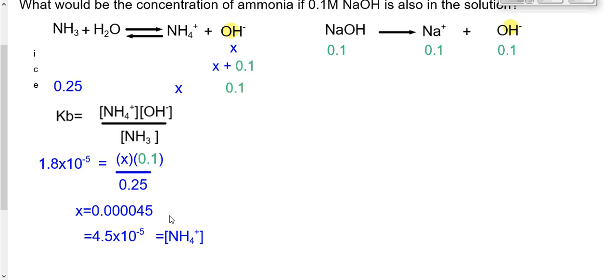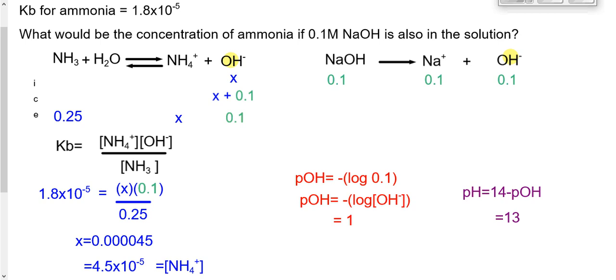Doing the math and solving for X, we get a value of 4.5 times 10 to the minus 5. Since X is now defined as the concentration of the ammonium ion, we now have a new concentration of ammonium. If we want to solve for the pH, we will first have to solve for the pOH. Our concentration of hydroxide is now approximately 0.1.